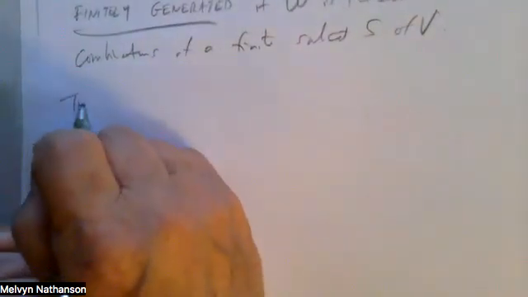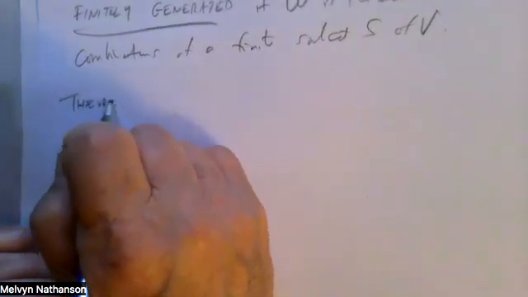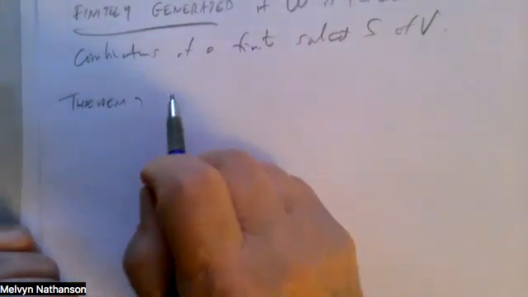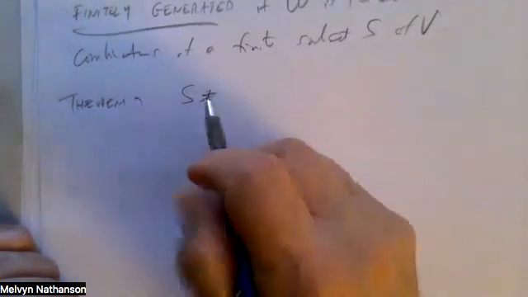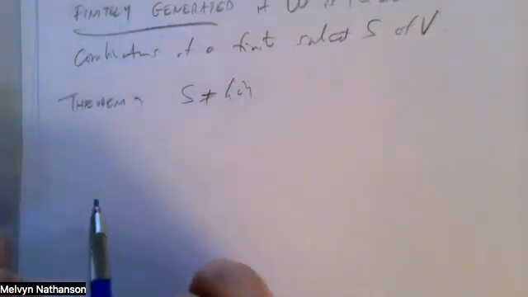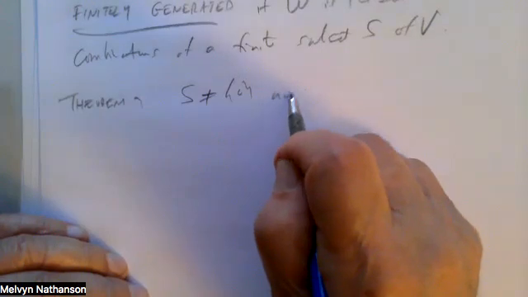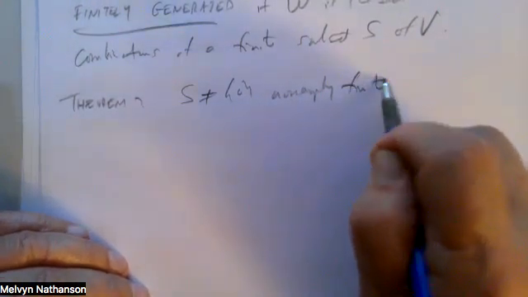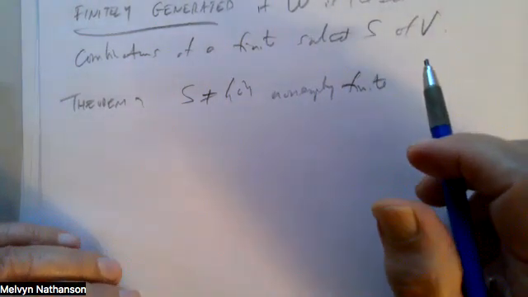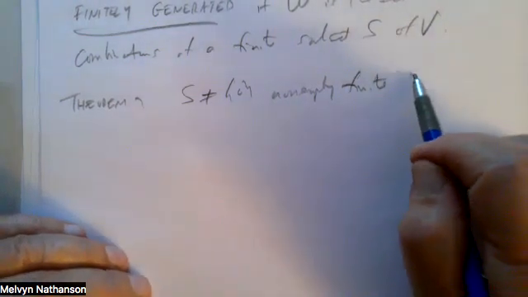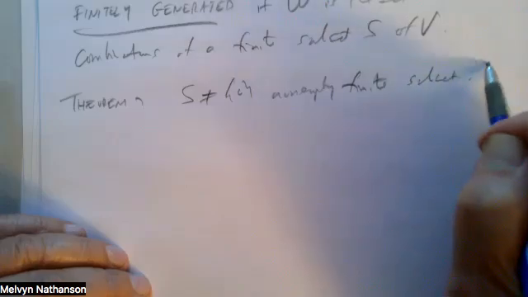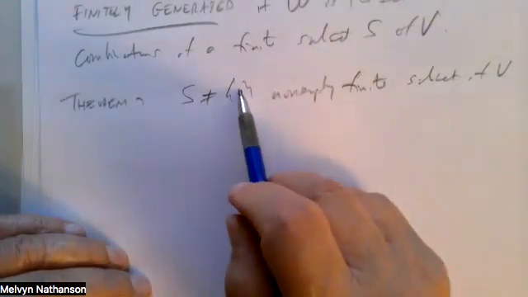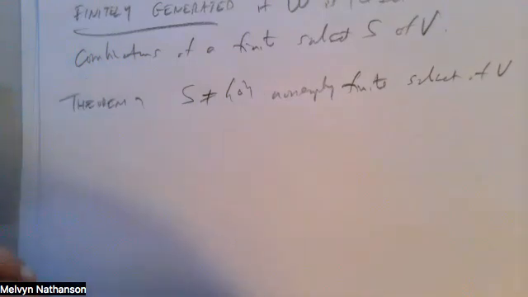So this is theorem 7. Suppose S is a non-empty finite subset of V, and it doesn't contain just the zero vector. It's allowed to contain the zero vector, but there has to be something in S other than the zero vector.